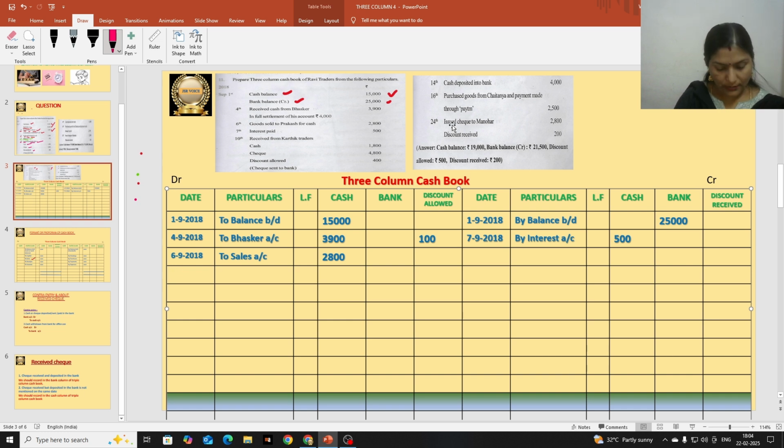Date is 10th, 10-9-2018, to Karthik Traders account.